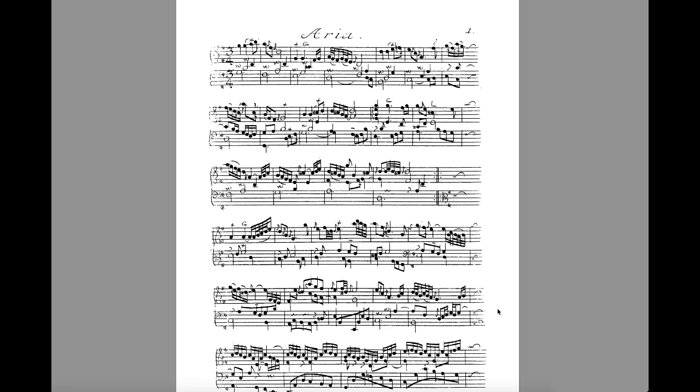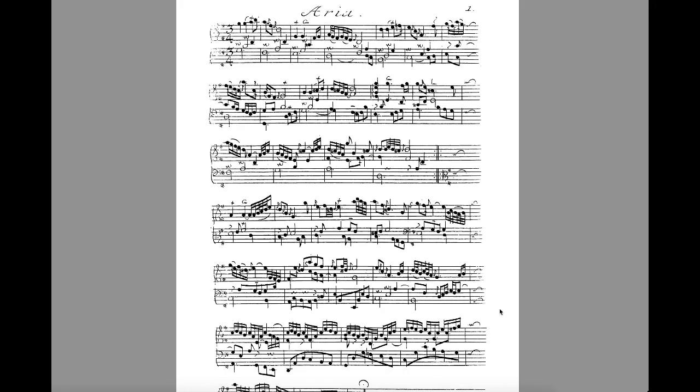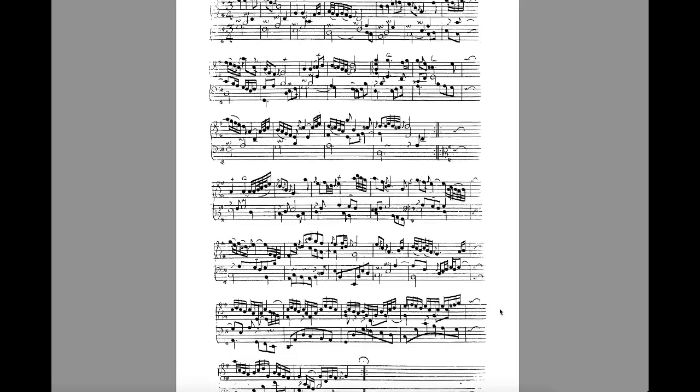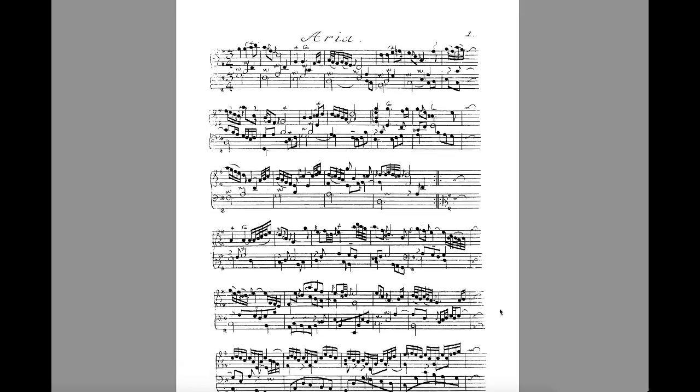And I just want to emphasize that this is Bach's writing. This is not a copyist's manuscript. This is actually Bach's own engraving for this. So, I think it was customary then to have engravers or to have people do it for him, but he did this all himself.